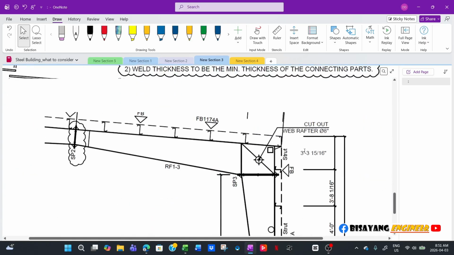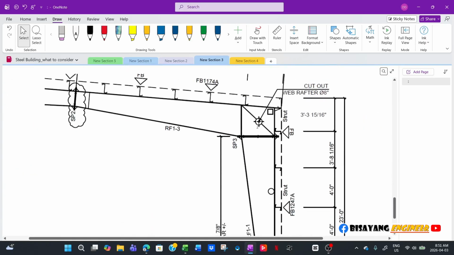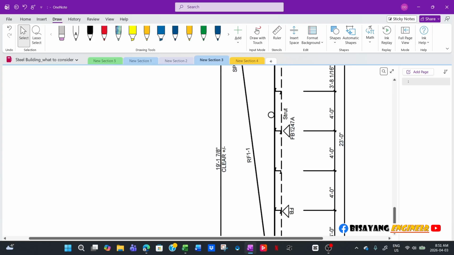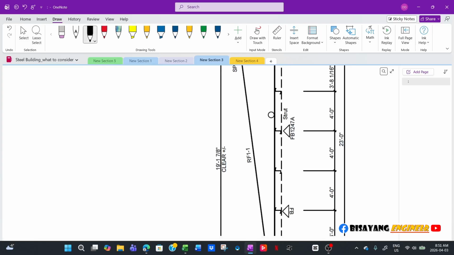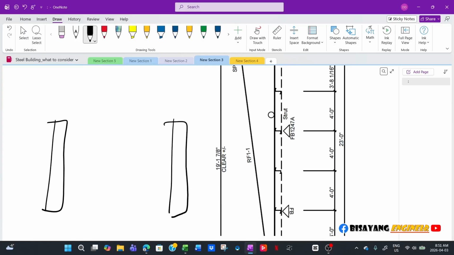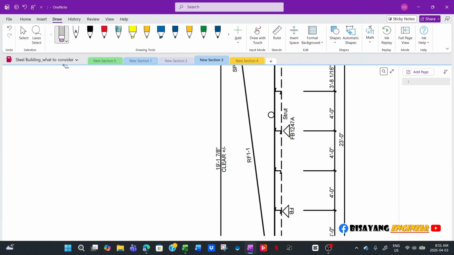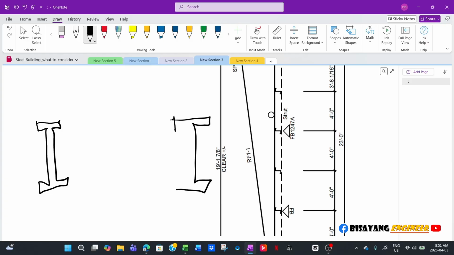But if it's possible, just use the purlins, because if you remember, for example, you have your frame, right? This is your frame, and this is the frame from another bay, and then your purlins is right here, something like that.